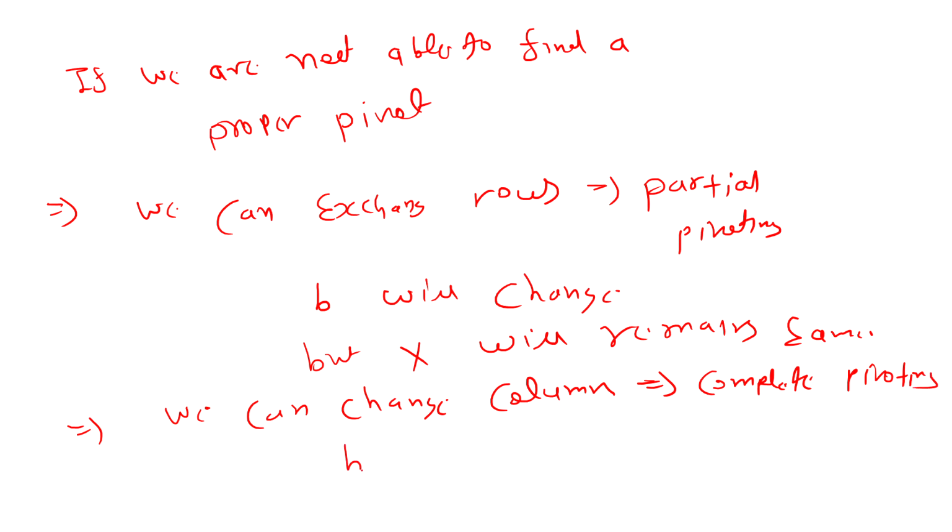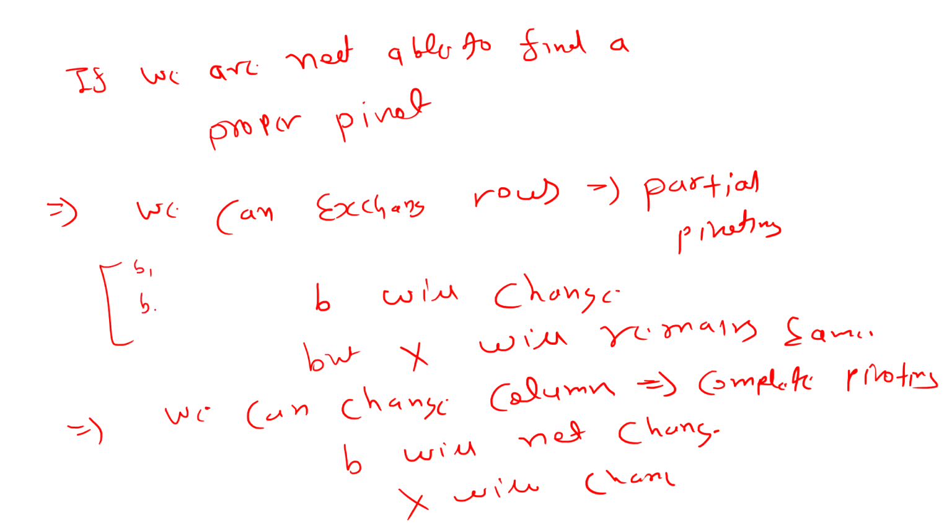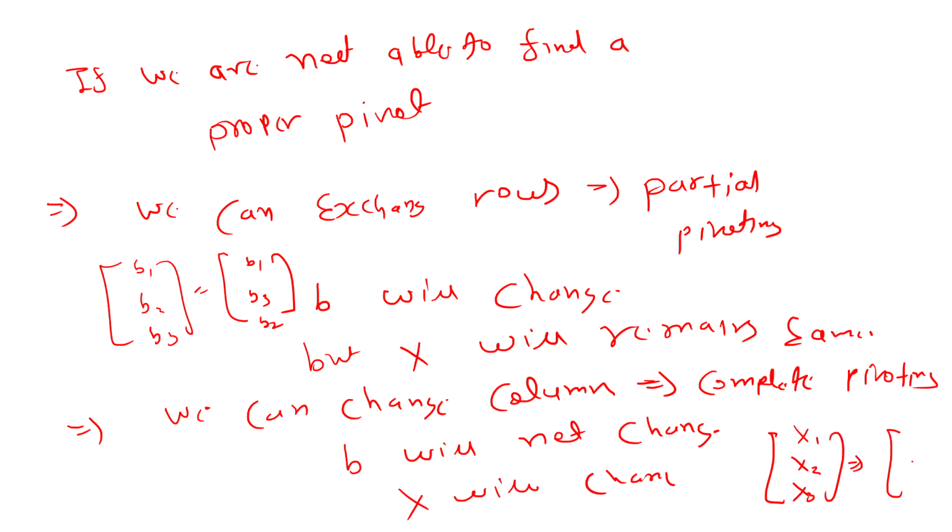In this case, B will not change, X will change. What I mean is that in partial pivoting B1, B2, B3 will become B1, B3, B2, since we are changing rows. In complete pivoting X1, X2, X3 will become X1, X3, X2, since we are changing the columns.